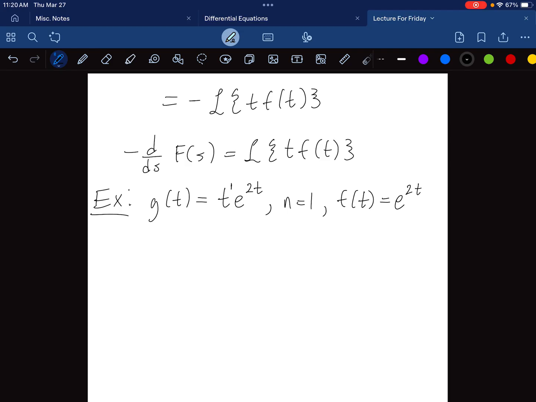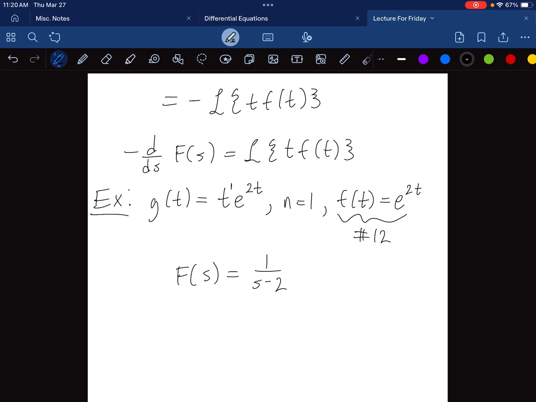And so first, we want to take the Laplace transform of this f of t. Well, we can just use table entry number 12 immediately, right? This is already table ready. So we would have F of s is equal to 1 over s minus 2.